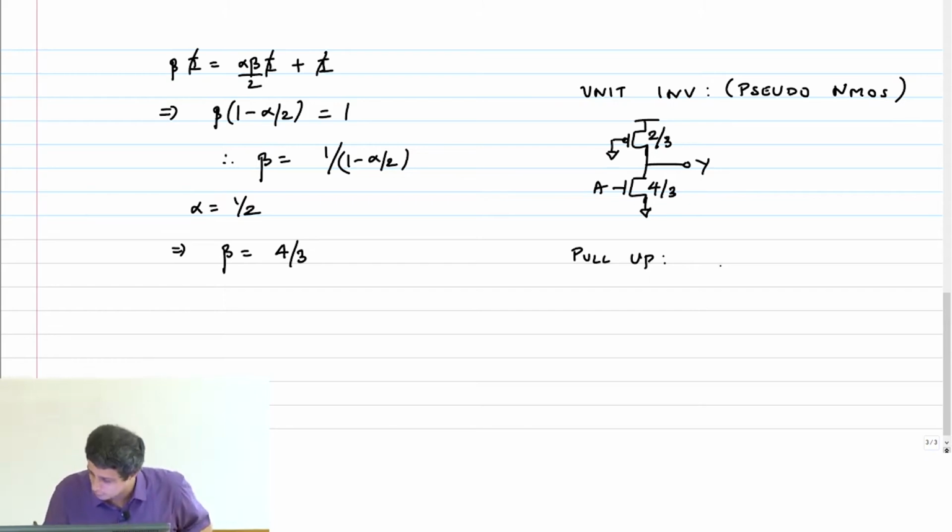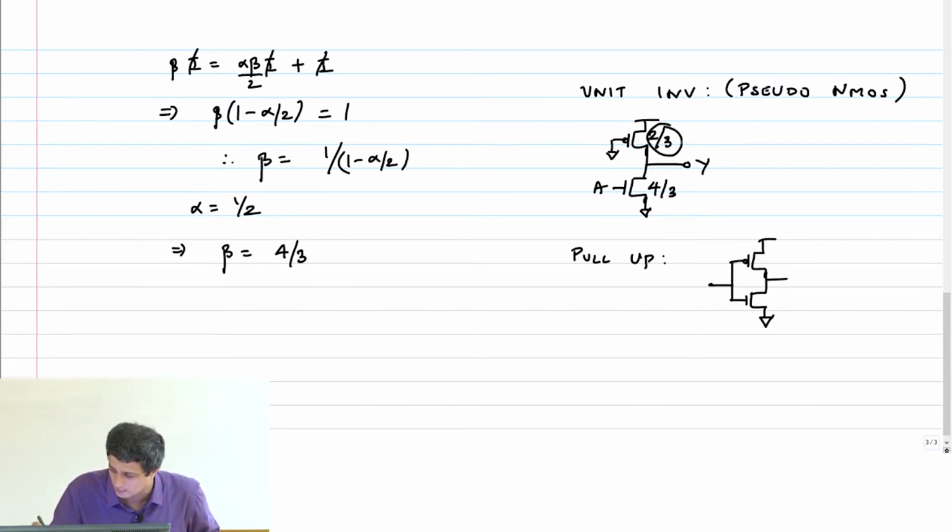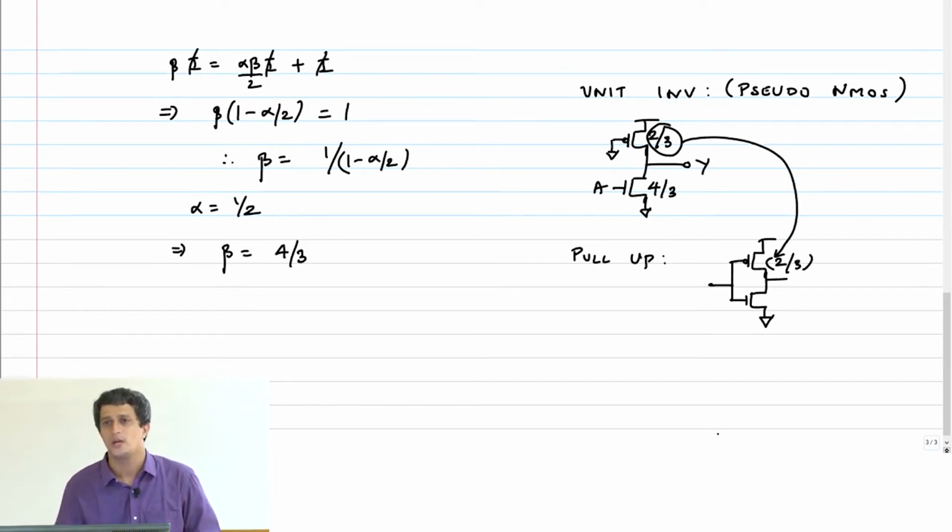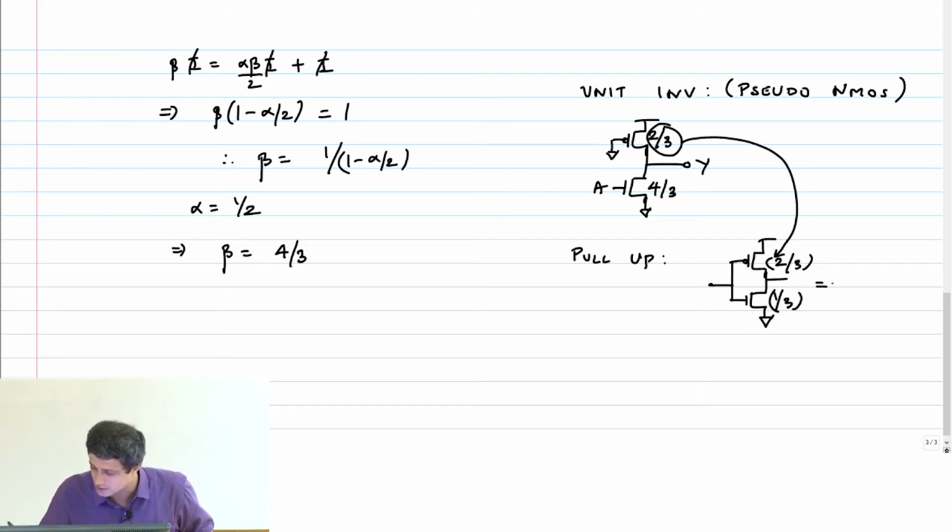Okay. So therefore here my reference inverter is the following. This is 2/3. Therefore, I'll make this 2/3. Now, if that is 2/3, what should the NMOS size be? 1/3. So, this total capacitance is equal to how much? CA.